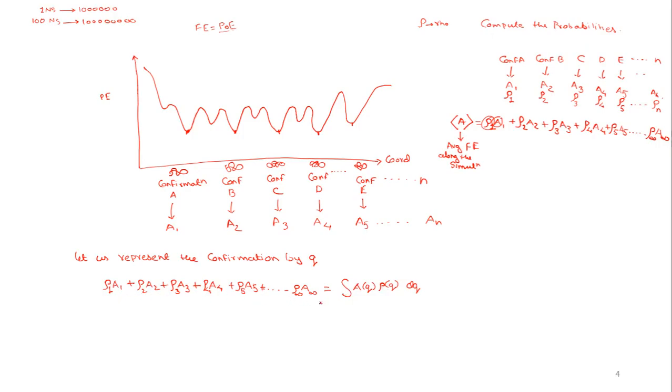Okay, so in this integral we have the term rho of q, which now corresponds to something called the probability distribution.